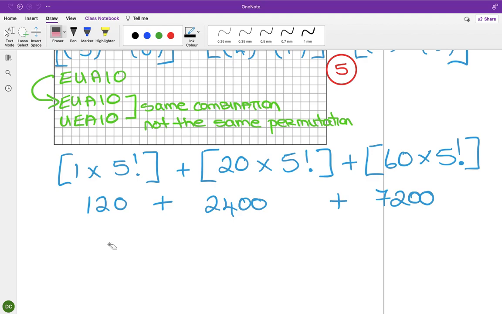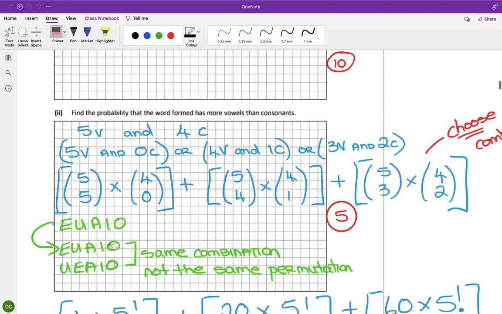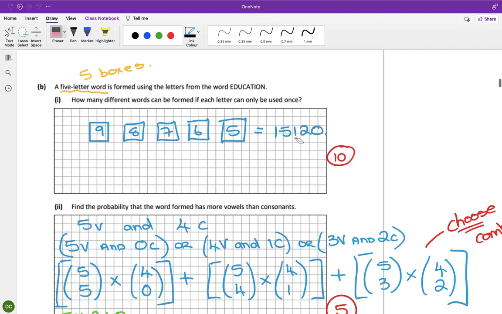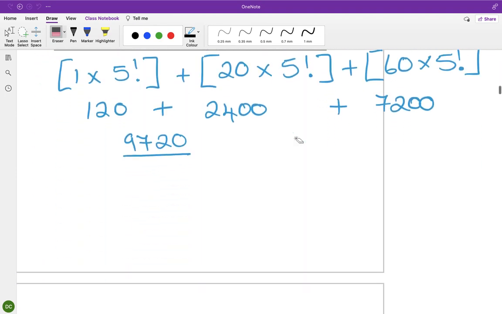So that's 9,720. And I think this question was a probability. Yeah. So it's out of the total, which is 15120. I don't know if that simplifies. So it's 9 over 14 is what I'm getting.